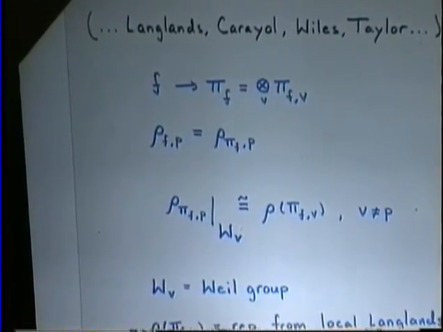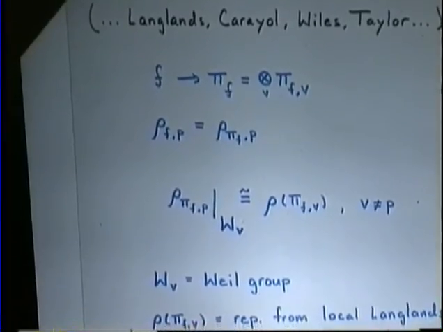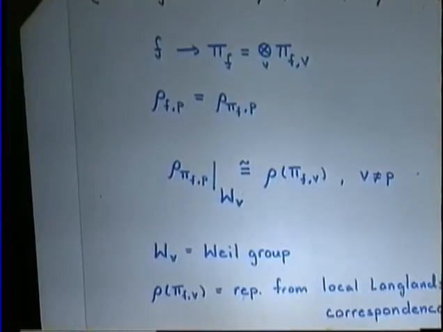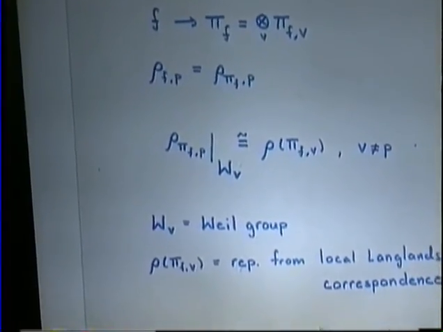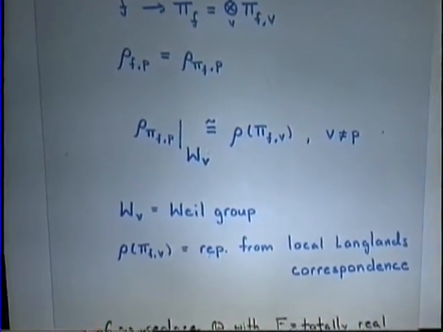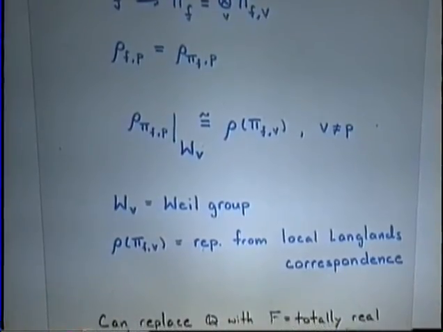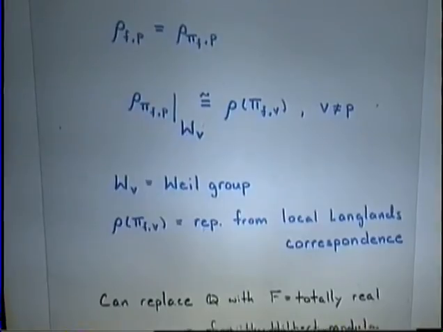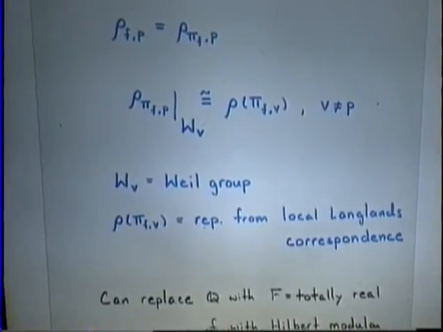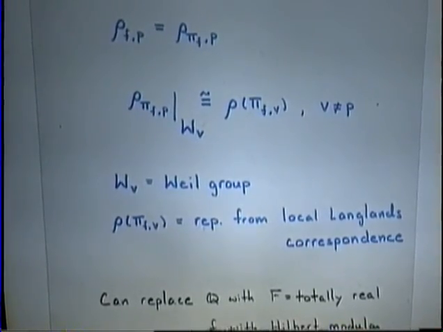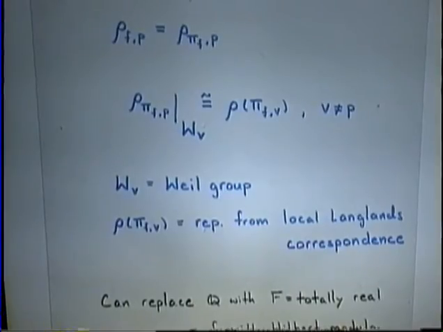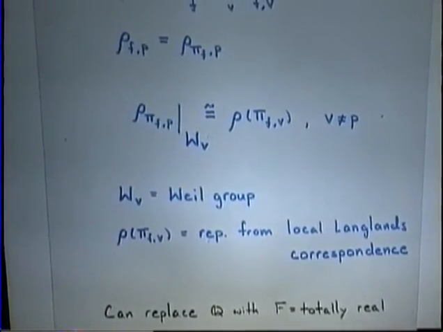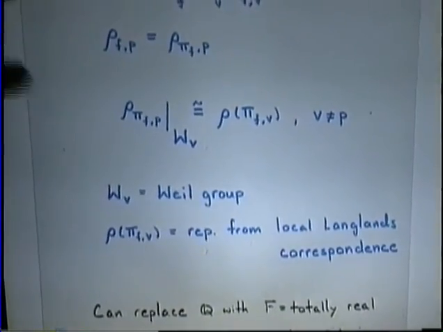Our eigenform F corresponds essentially to an automorphic representation, pi_F, with holomorphic discrete series at infinity. And so we can think of our rho_{F,p} as really a Galois representation attached to this automorphic representation.